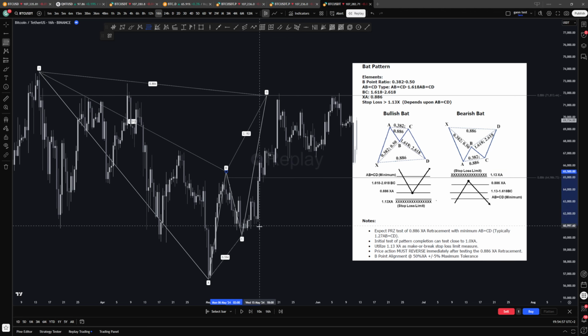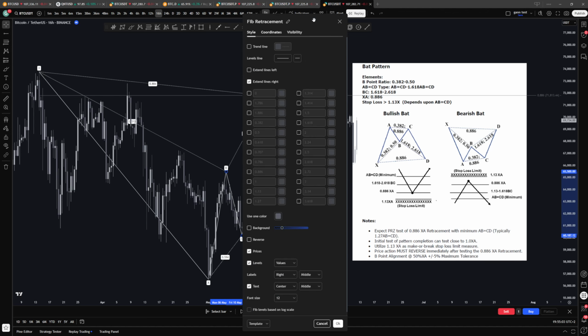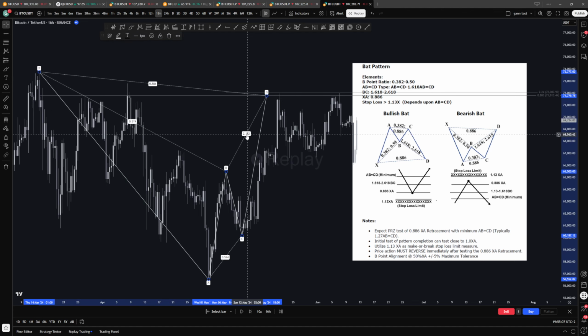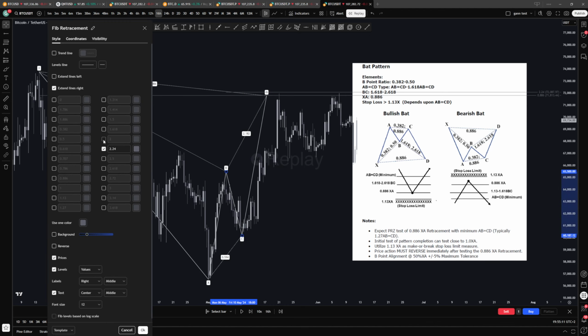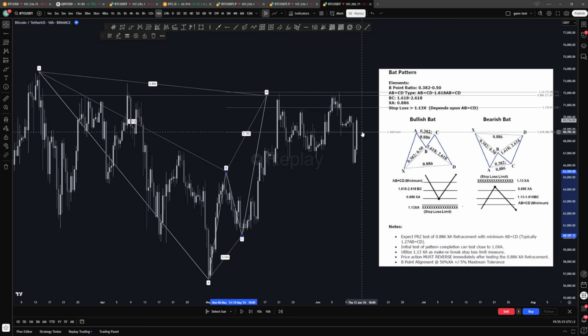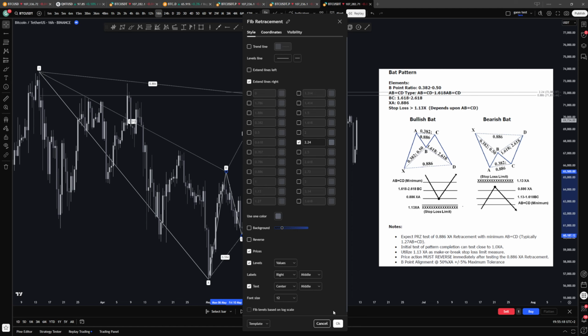For B to D, we were looking at fib levels between the 1.618 and the 2.618. Now, I can enable all of them if you want to. Long story short, we're very close to the 2.24. If we want to see the other ones as well, here they are. So essentially, we're looking at a 2.24.